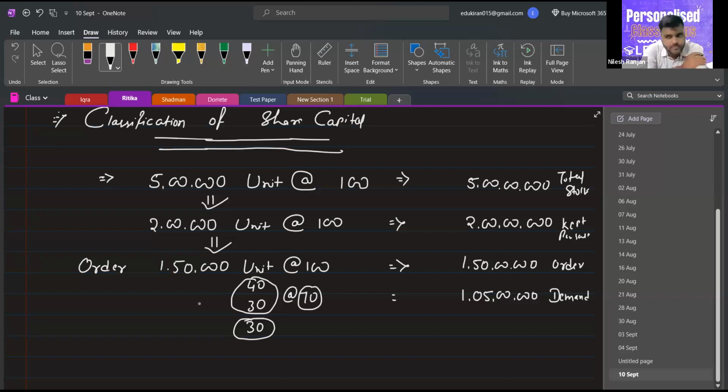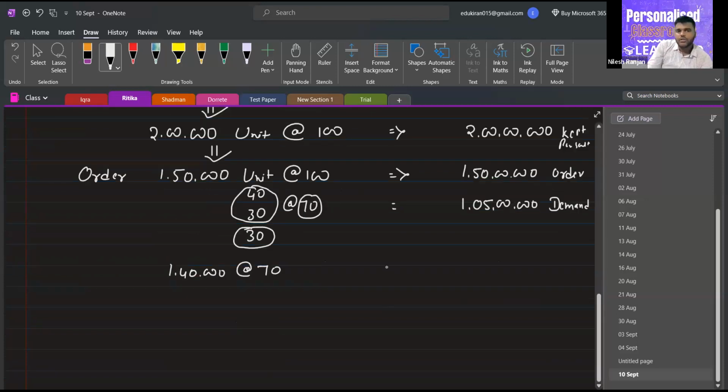So let's say in these 1,50,000 customers, 1,40,000 customers paid the full amount, and 10,000 customers only paid the first installment of 40. The second installment is not paid by them.